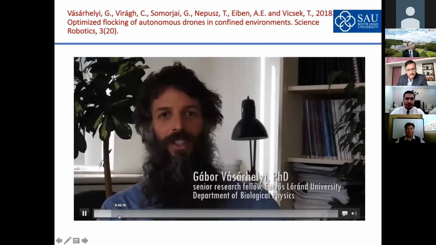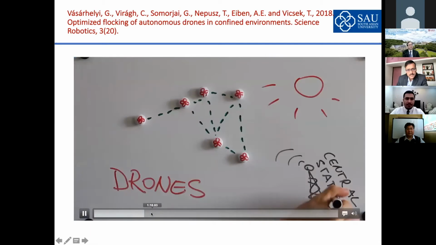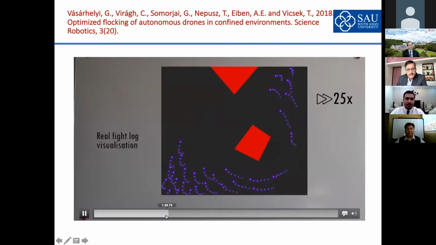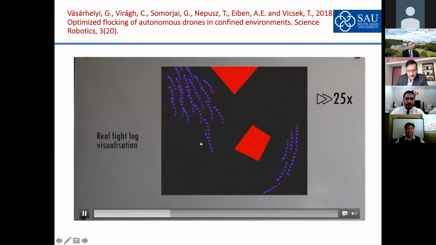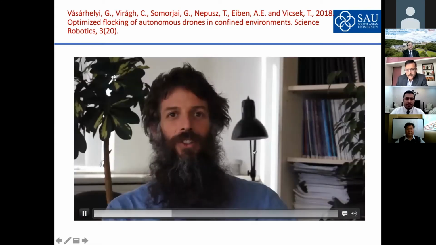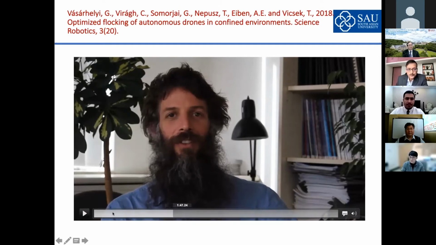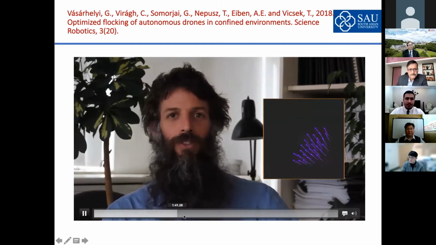So here, this is the real flight where they can avoid the obstacles and avoid the walls. Of course, these are GPS walls in the real scenario. The most important thing here is the crowd management.